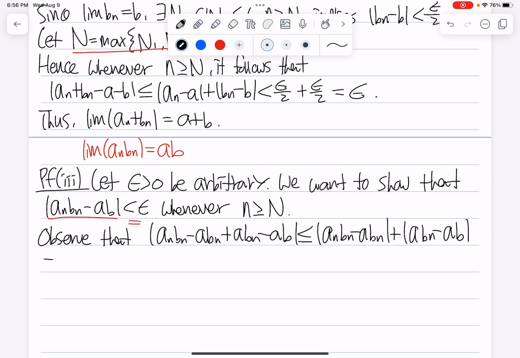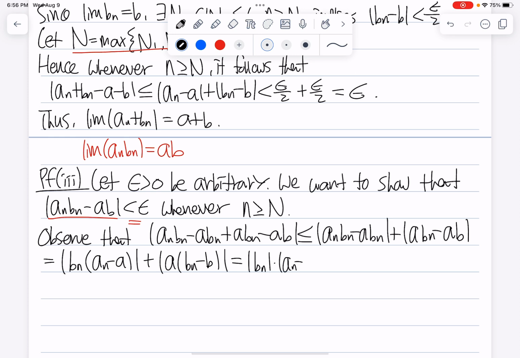Well, this is equal to, if on the first absolute value we factor out, let's say, bn, so bn multiplied by (an - a), and on the second absolute value we factor out a and have a times (bn - b). Well, this is exactly equal to |bn| times |an - a| plus |a| times |bn - b|.